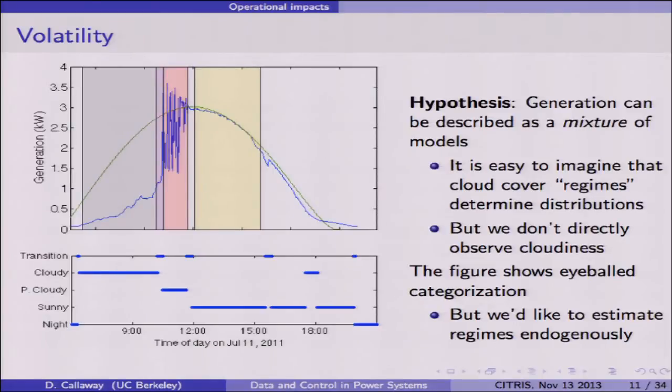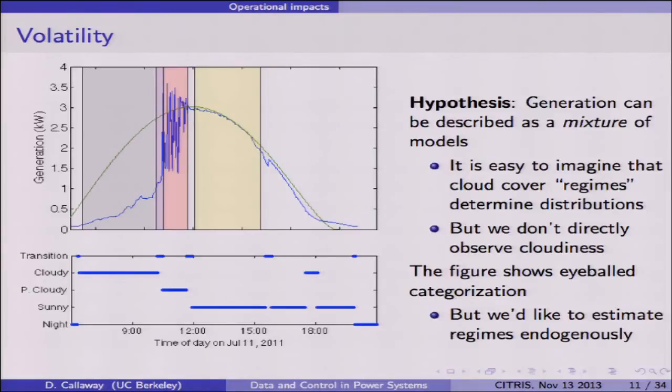And so what we took as a hypothesis is that if we can classify each period into different categories and then fit distributions to those different periods, maybe we would get a nice representation of those distributions. What this down here shows you is what happens if we just eyeball what's happening.